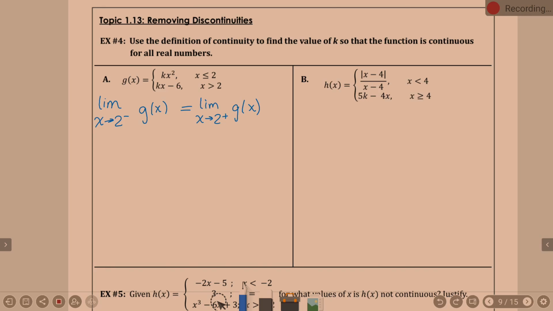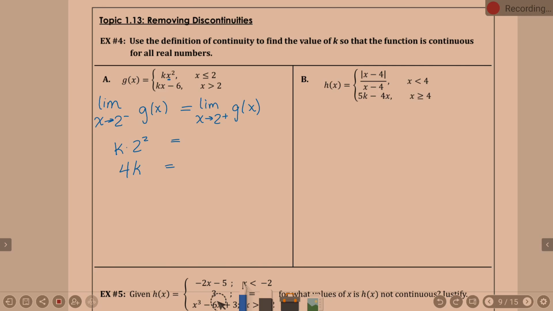Kx squared. So what do we need to do to find this limit? We need to plug 2 in for x. So it's going to be k times 2 squared. And what is k times 2 squared? 4k. So what I'm saying there is the limit on the left is equal to 4k.